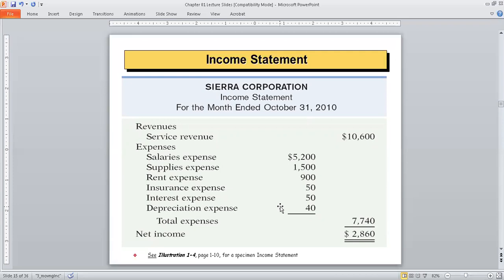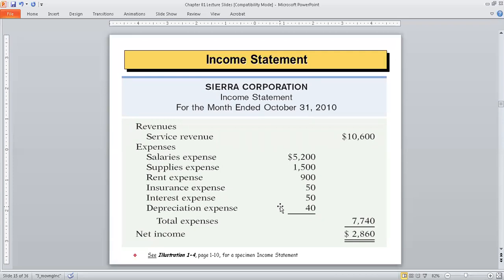And revenues and expenses are what we call classifications. Classifications are somewhat similar to chapters in a book. They group related information together. Right? So within a classification on a financial statement, you present information about individual accounts.